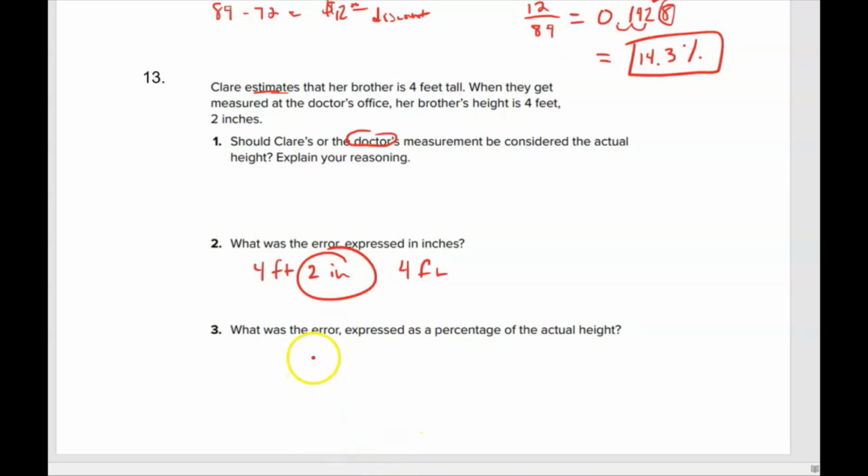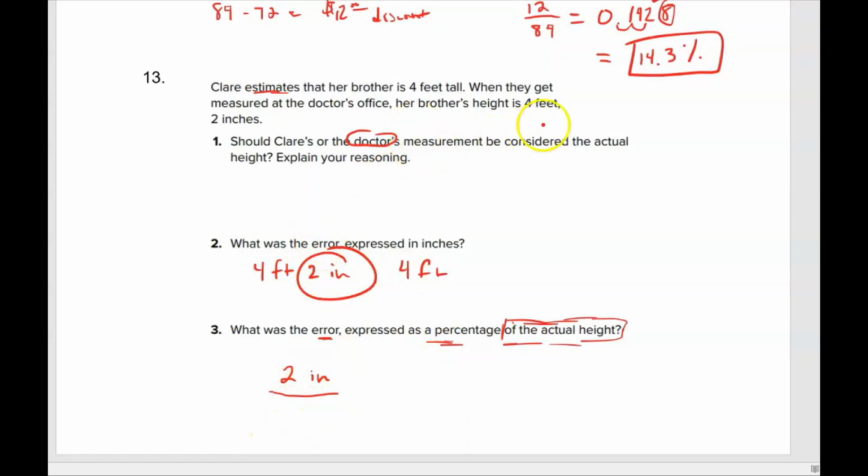Number 3 then says, what was the error expressed as a percentage of the actual height? Okay, so I take the error, which I know was 2 inches, and I'm trying to find that percentage of the actual. Remember, "of" often tells us that that's the whole, so I'm going to put that in my denominator.